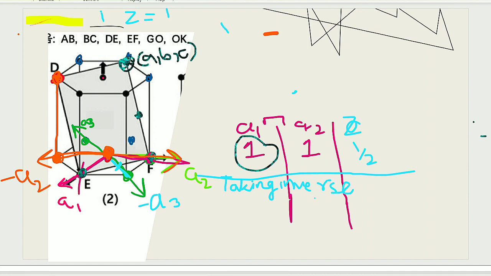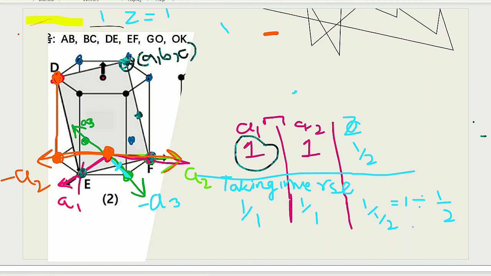Okay, taking inverse. So taking the inverse of 1 gives 1 divided by 1. You write the intercept in the denominator. This is how it works. And 1 divided by 1 over 2: if you usually get confused by this notation, you can simply use it as 1 divided by 1 over 2.